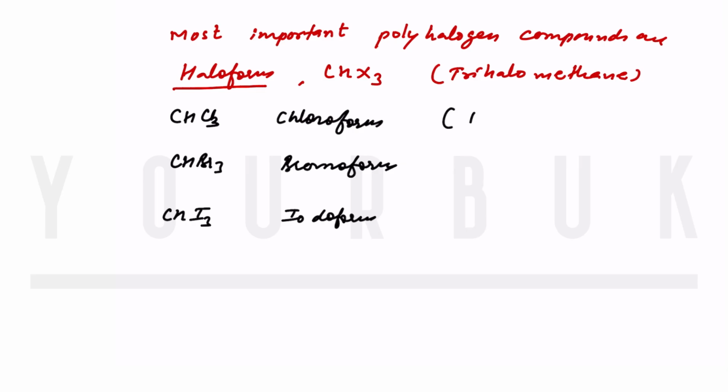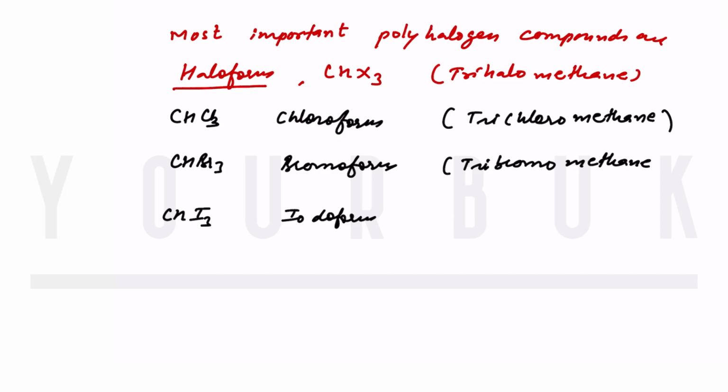Chloroform has the IUPAC name trichloromethane, this is tribromomethane, and this is called triiodomethane.